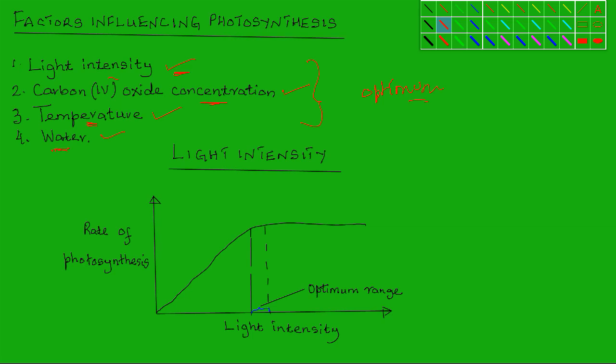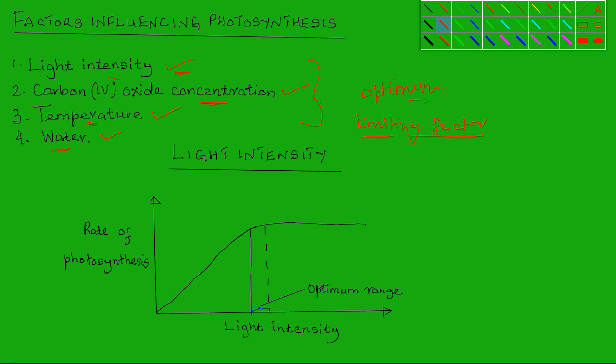Now, the factor at its lowest level is called the limiting factor. That factor, which at a given time is at its lowest level, be it light intensity, carbon dioxide concentration, the temperature, or water availability, will be the limiting factor.